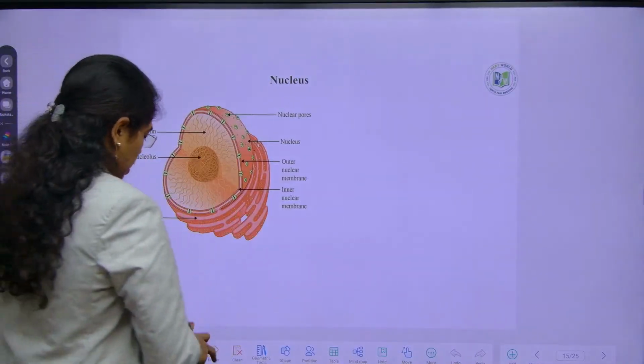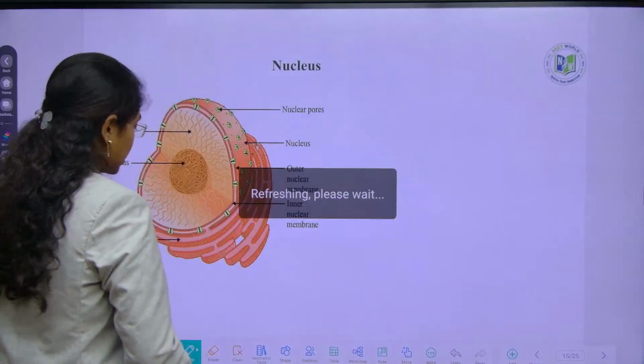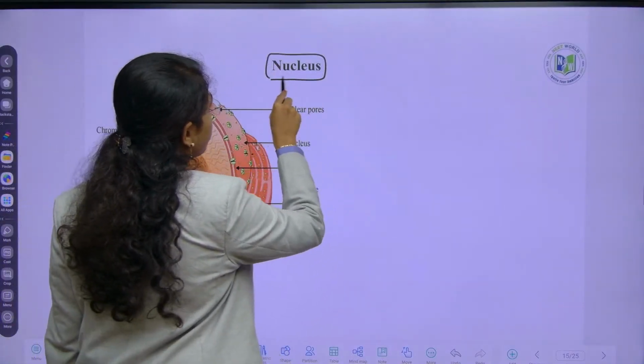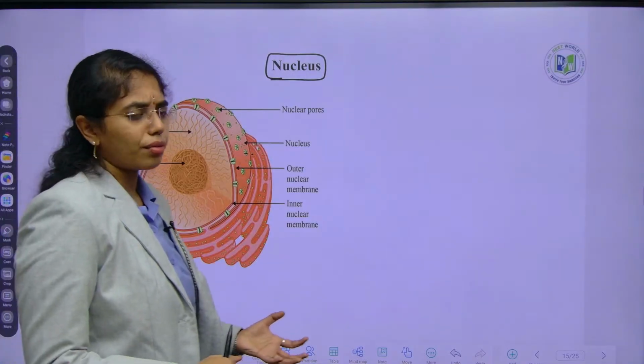Okay. So from the last 2 classes also we have discussed what the components of the nucleus are. And we have learned about enucleated cells.